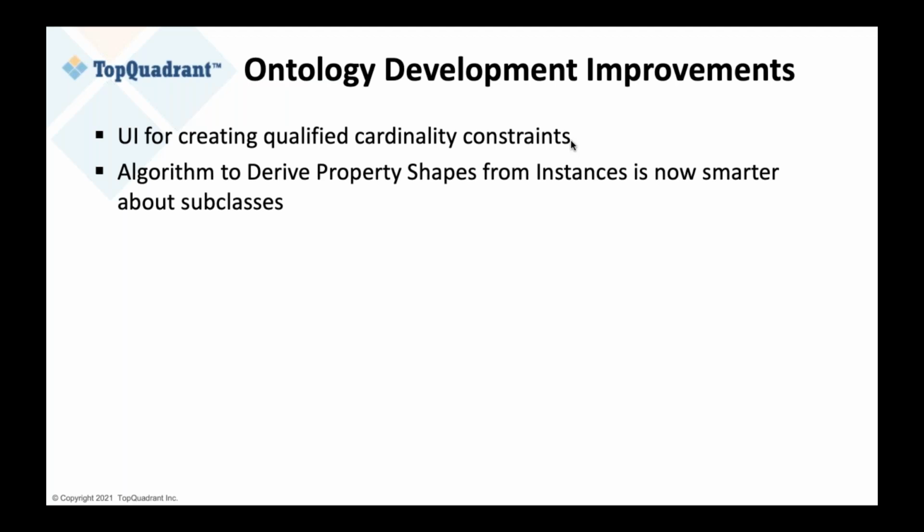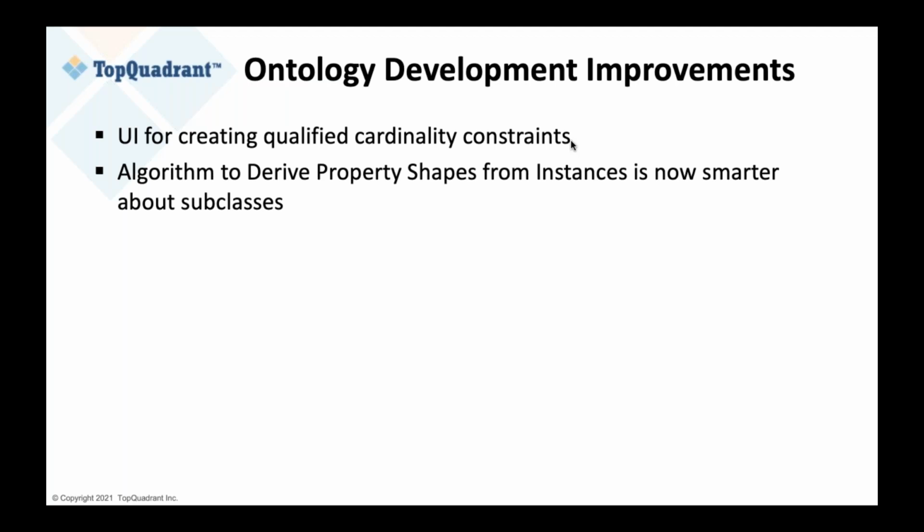In TopBraid EDG, you could enter property values, or you could have EDG figure out available properties for a class from a number of sources, like for example from a spreadsheet or from just an RDF dataset. So in the case of an RDF dataset, it will profile the data and say, okay, you've got data about a person, and these are the kinds of properties that we are seeing for a person.